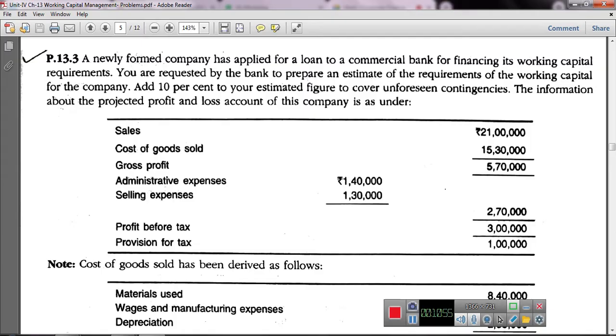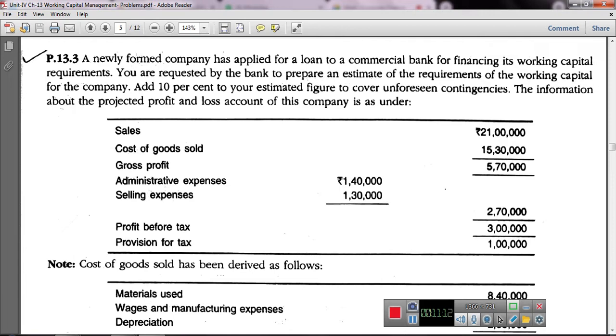A newly formed company has applied for a loan to a commercial bank for financing its working capital requirements. You are requested by the bank to prepare an estimate of the requirements of the working capital for the company.